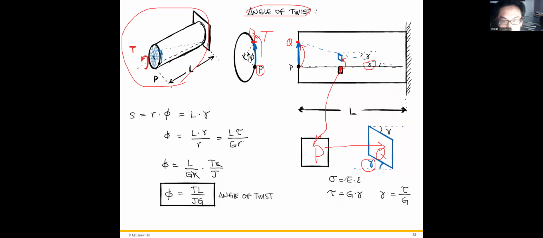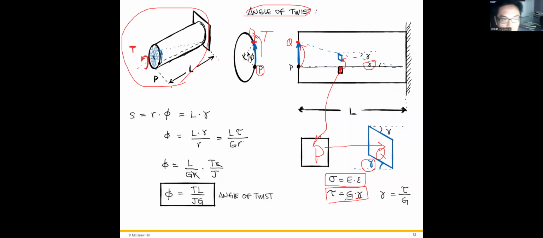For the tensile test, or the axial load, we define the stress equals the modulus times the strain. However, for torsion or twist, we define the shear stress equals G times gamma, where gamma is the shear strain and G is the shear rigidity.